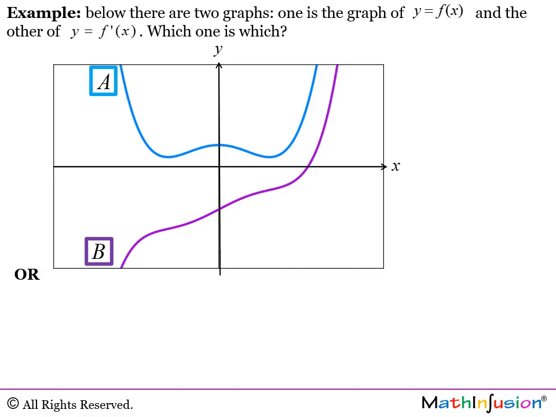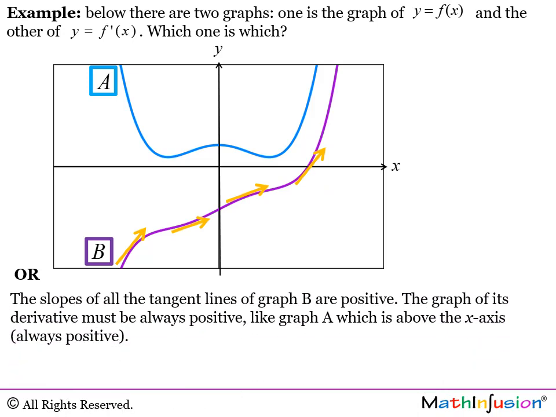Let's now assume that graph B is the graph of the function. Here are the tangent lines of the graph of the function f(x), and you can observe that the slopes of all the tangent lines of graph B are positive.